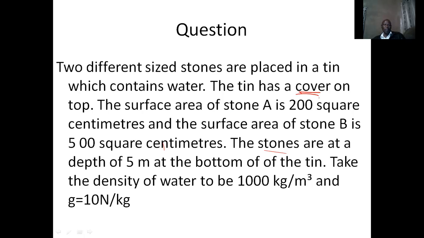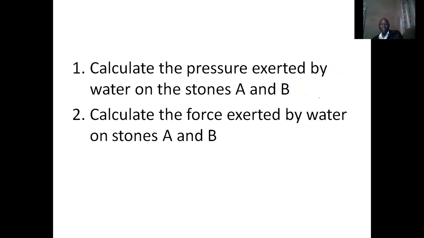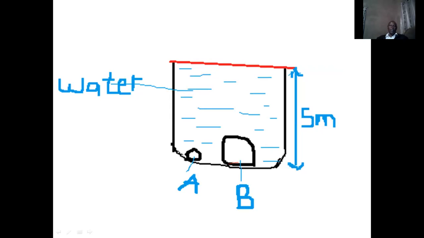Take the density of water to be 1,000 kilograms per cubic meter and gravitational field strength to be 10 newtons per kg. So this is actually what it is. So we have water inside and we have a lid there. And we have stone A and B. They are at the same depth here.